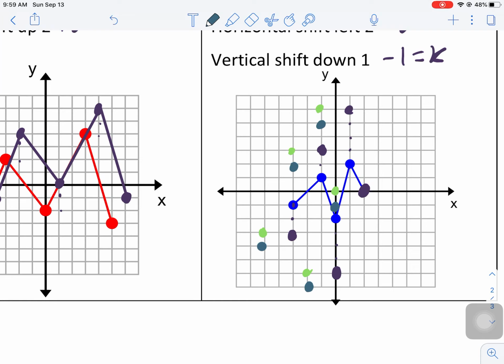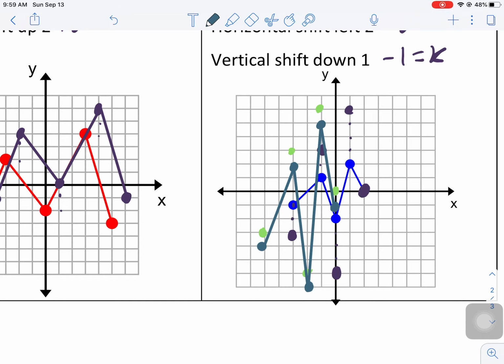And then down 1. Okay, so then we connect all these. It goes up first, then it goes down, okay, to here, then it goes up to here, and then back down to here. So as we start adding more transformations, it can start to get a little confusing.